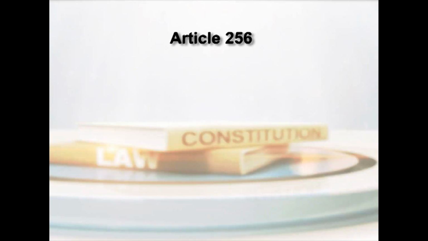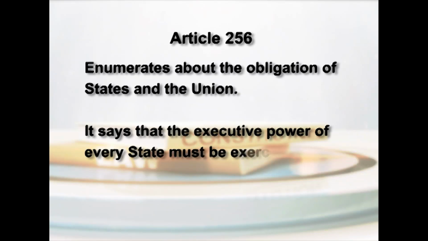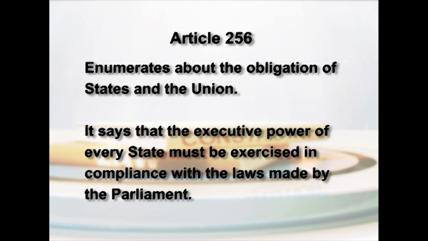But if we look at Article 256, it enumerates the obligation of states and union, that is, it says that the executive power of every state must be exercised in compliance with the laws made by the parliament. That is, whenever the state executive takes any decision, it must be in compliance with the laws made by the parliament.